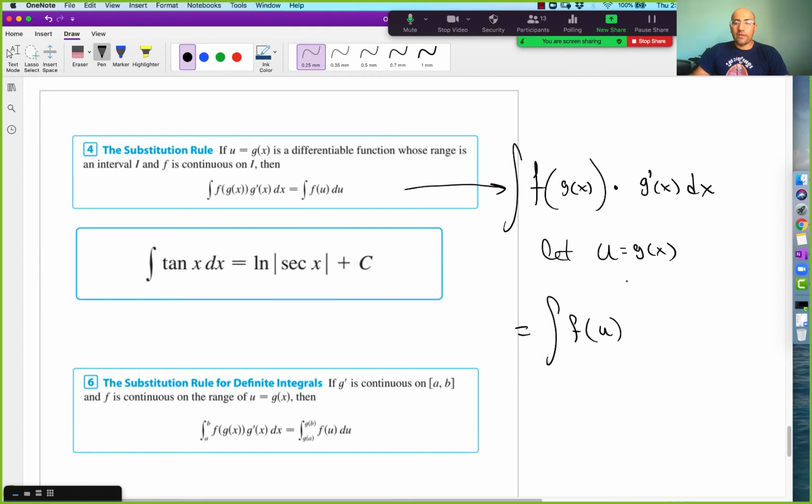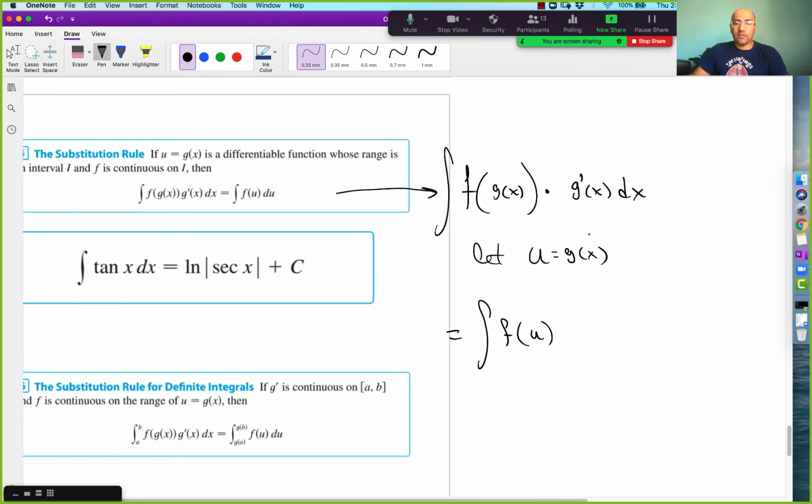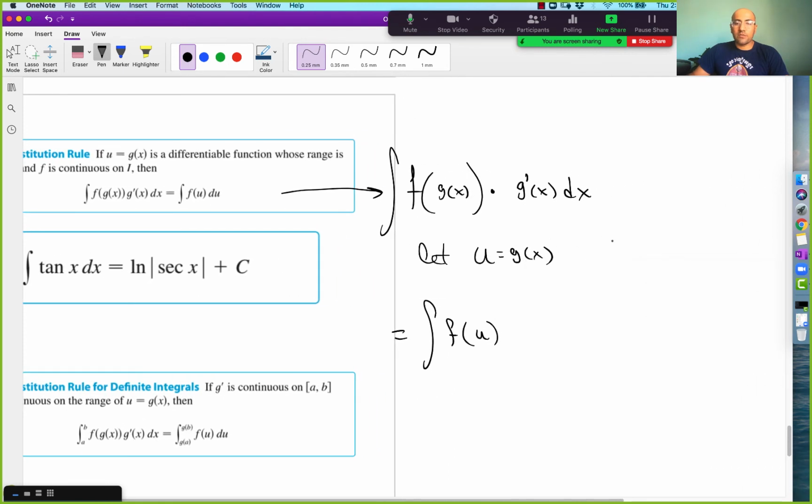So I have to think about taking the derivative of this function u with respect to x. So d dx of u is equal to d dx of g of x. Well, d dx of g of x is in fact exactly g prime of x, same thing, and this is the same notation as du dx. Good.